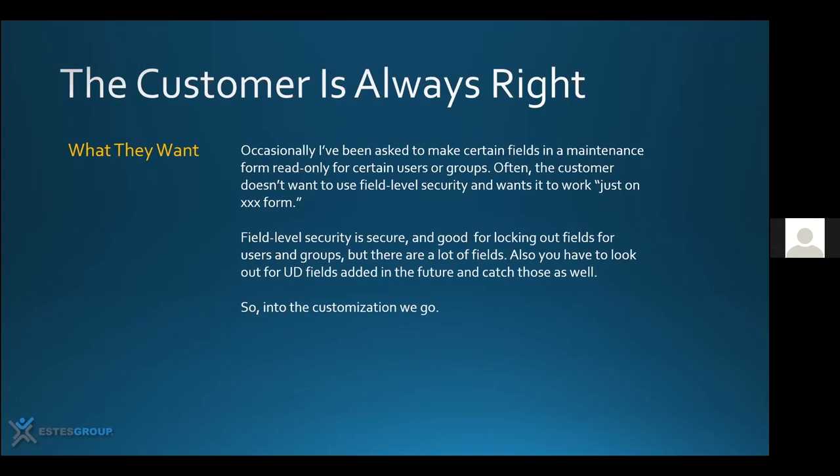And field level security is good, but it's a lot of work for something like this where you want to make everything read only but a few fields. So in this case, it was easier and more effective to go into the customization.